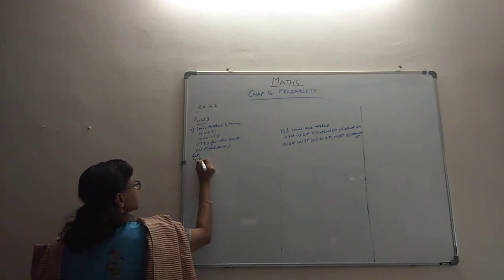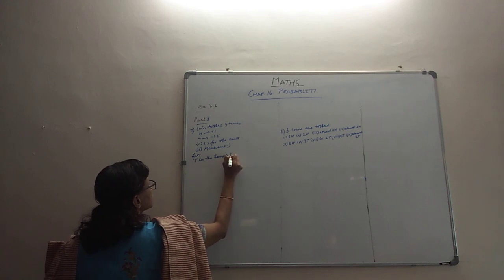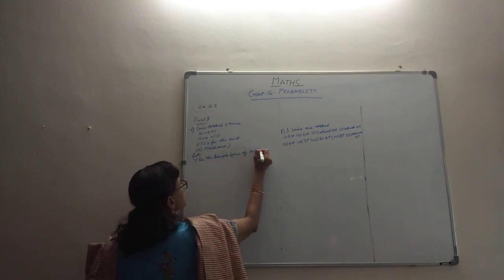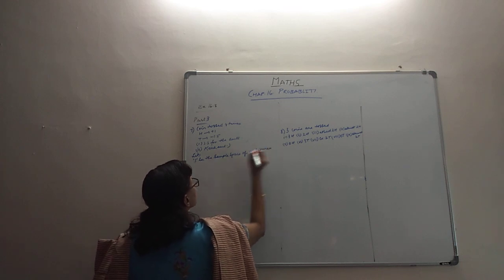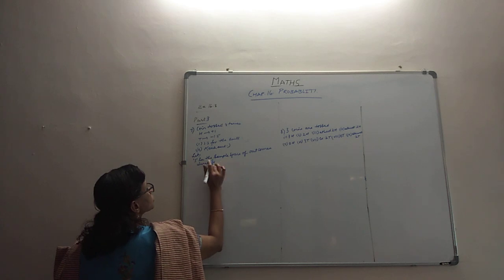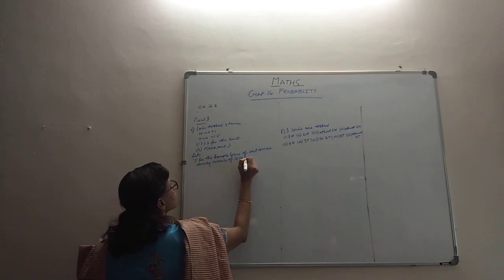So let S be the sample space of outcomes during 4 throws, during tossing of coins 4 times, right?